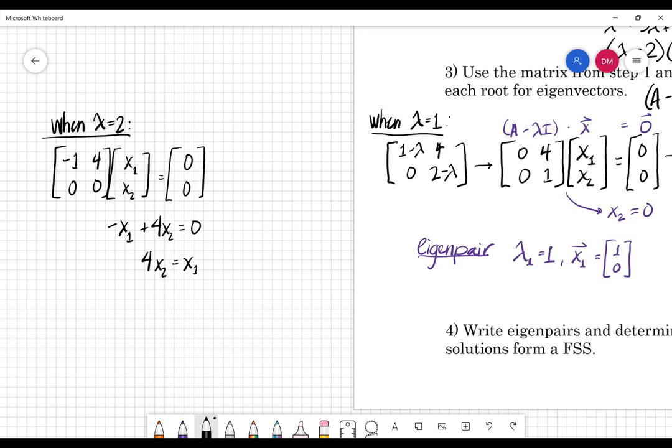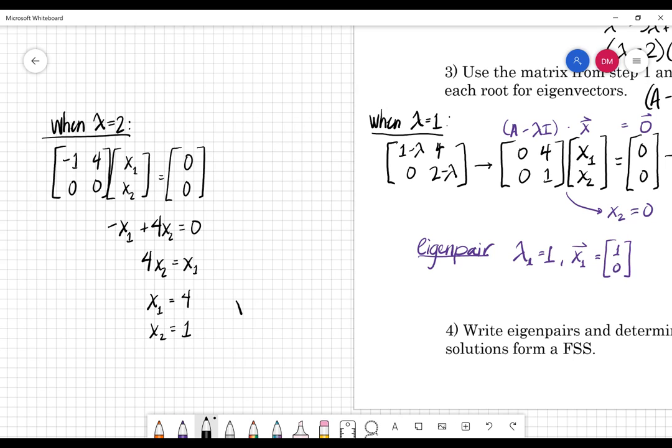You could go the fraction route here if you really want to. Some people like to stick to whole numbers. So they would say that I'm going to say that x sub 1 is equal to 4, so that x sub 2 can be equal to 1. But if you said x sub 2 was equal to 1/4, and that makes x sub 1 equal to 1, you're obviously not wrong.